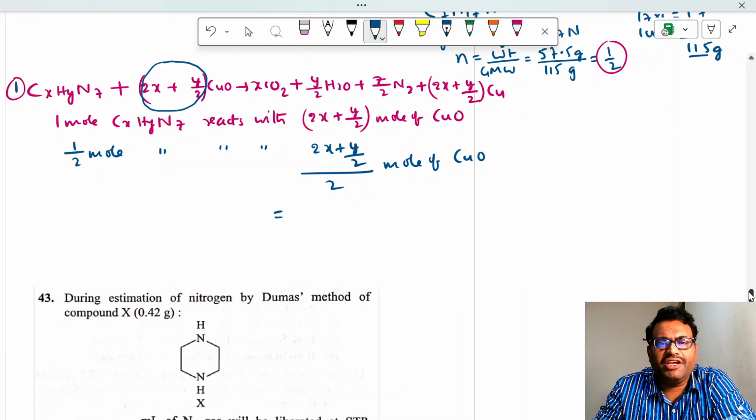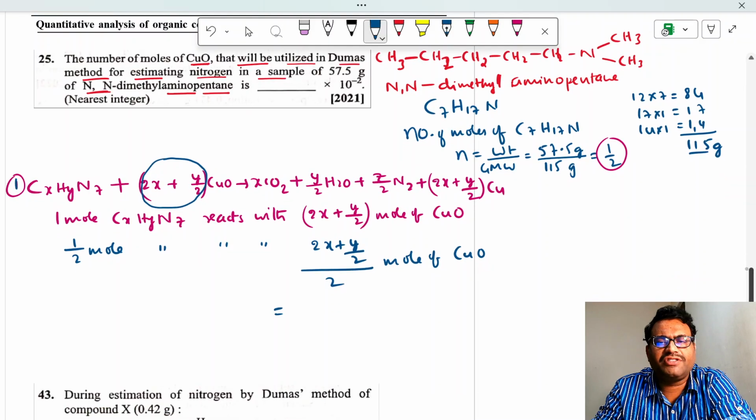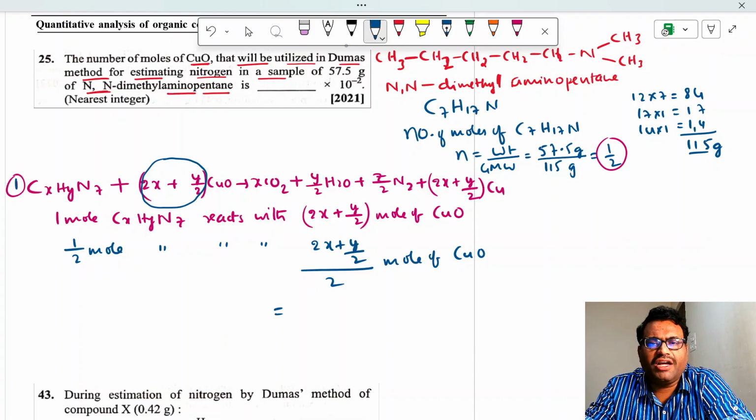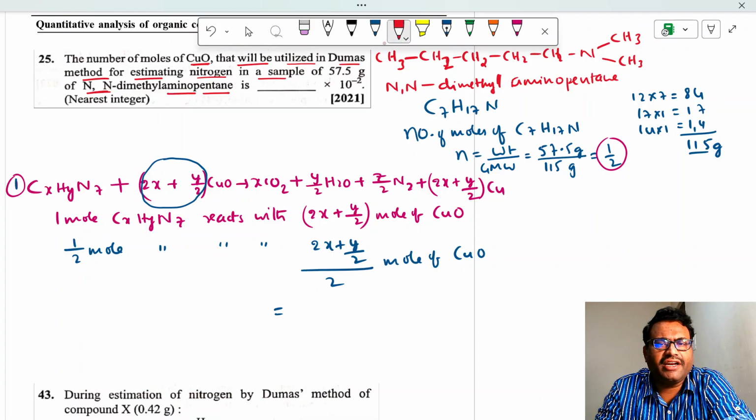And from the equation, we have studied this formula, half mole of, so in the formula, what is this half mole of? I can write this as C7H17N1. Okay, half mole.